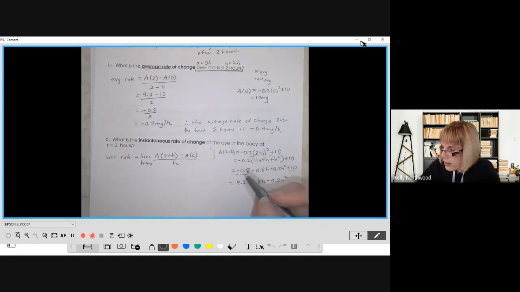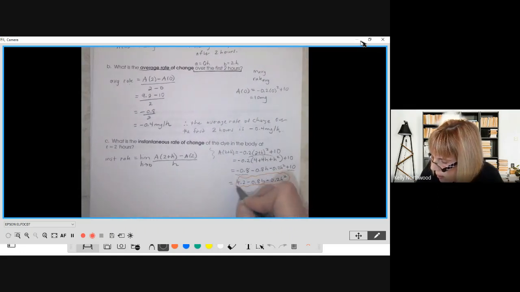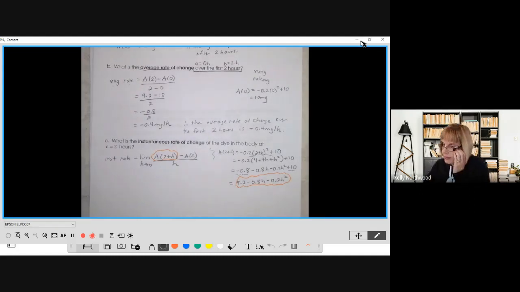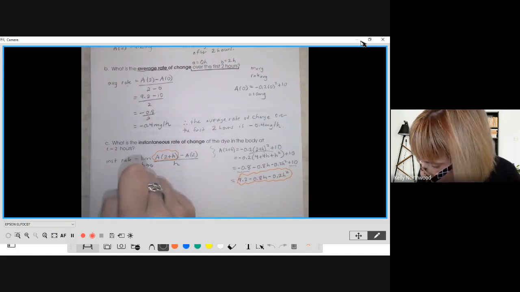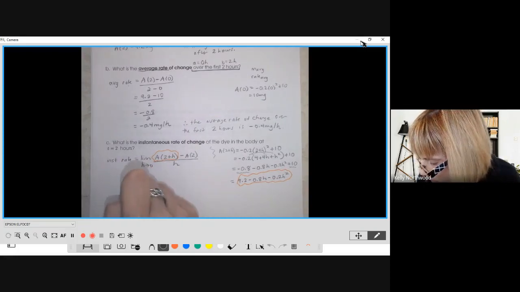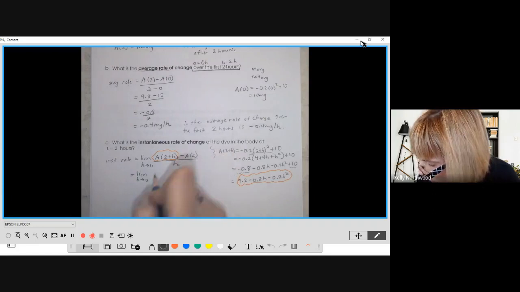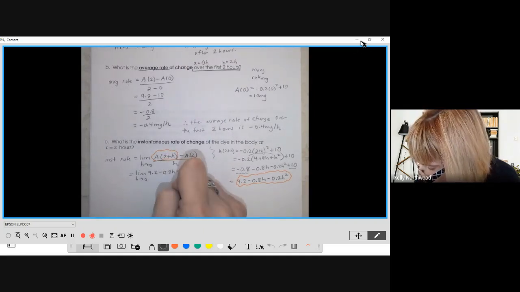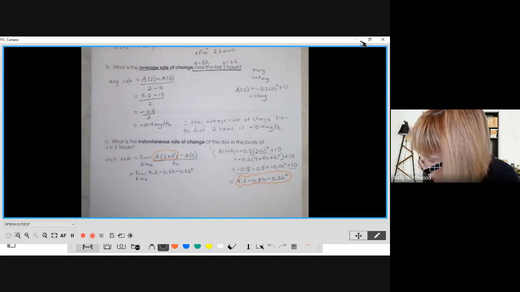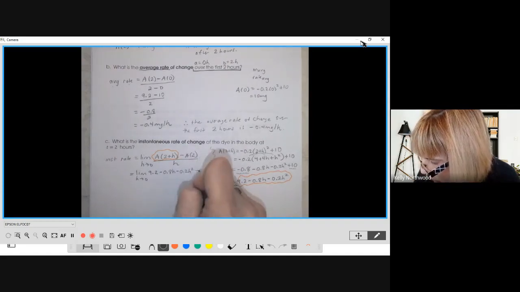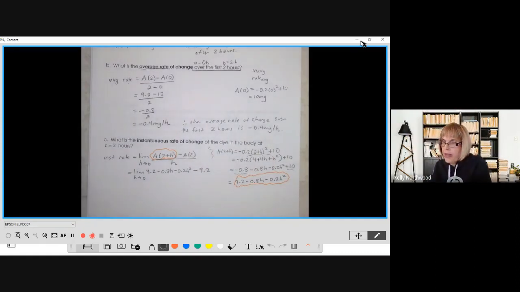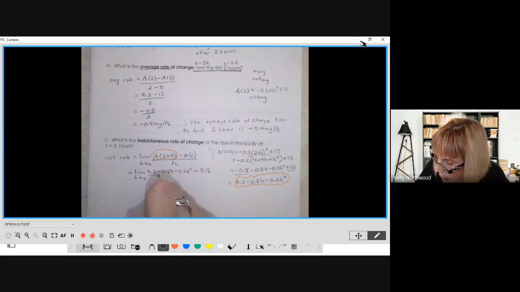So I can substitute in. So A at 2 plus h is going to be 9.2 minus 0.8h minus 0.2h squared. And then minus A at 2, which is 9.2, sorry. You found that in the first question, all over h.